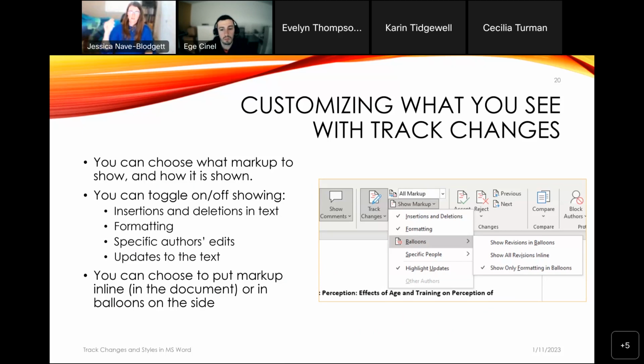You can choose not to look at insertions and deletions. I wouldn't suggest that for feedback from your committee, but you could do that. And then you can choose where you want to see things with balloons, and I'll show you what they look like in a minute. You can also turn on and off seeing edits from particular authors. So say you've got feedback from multiple members of your committee, you can choose to just look at one person at a time.